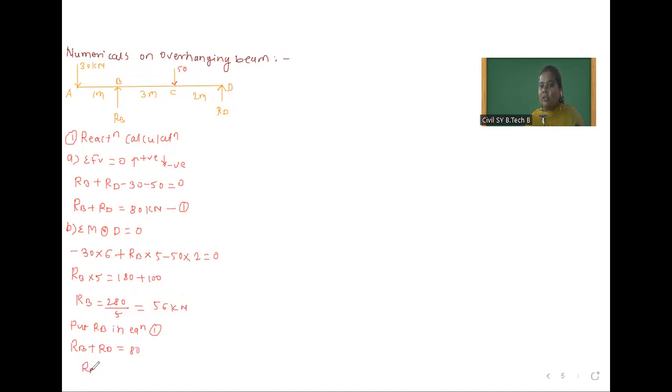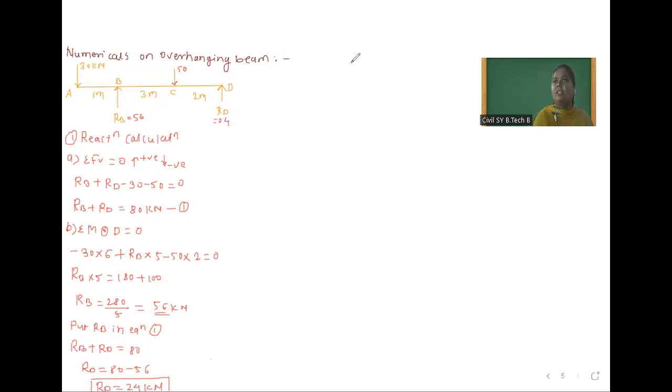So RD equals 80 minus 56, so RD equals 24 kilonewton. Now we substitute the values here: RB equals 56, and RD equals 24.